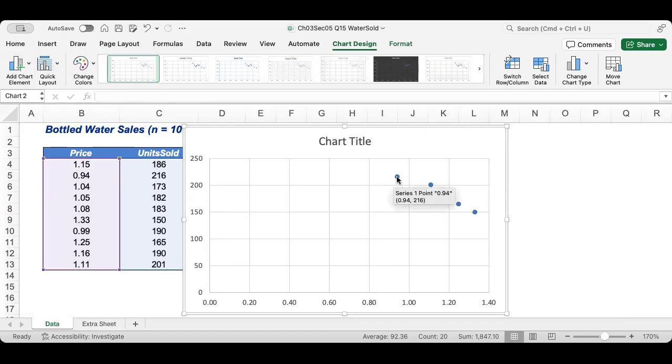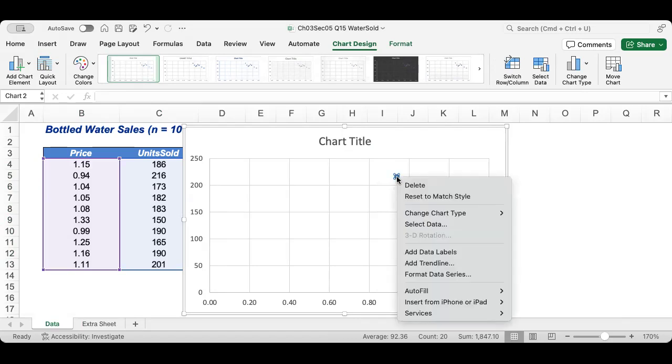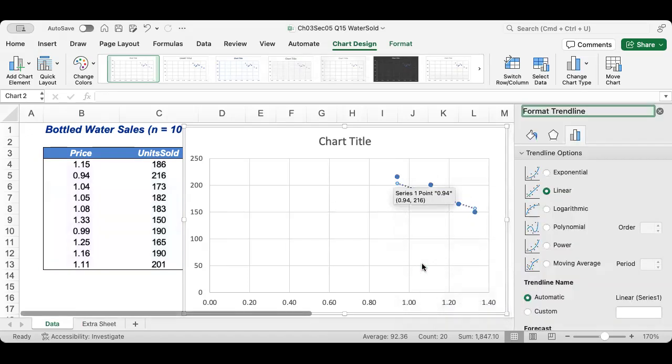If I hover over one of the data points and right click, one of the things I can do is add a trend line. That trend line shows me what we see as our negative relationship, right? As we're going from left to right, that line is going down.